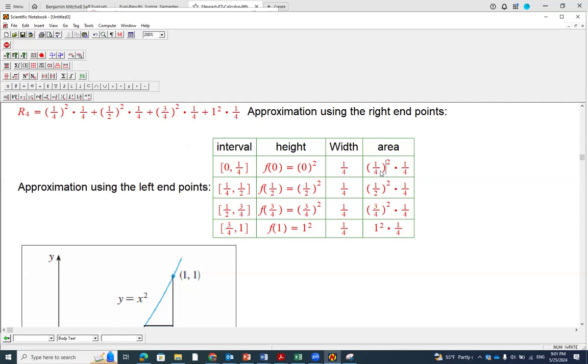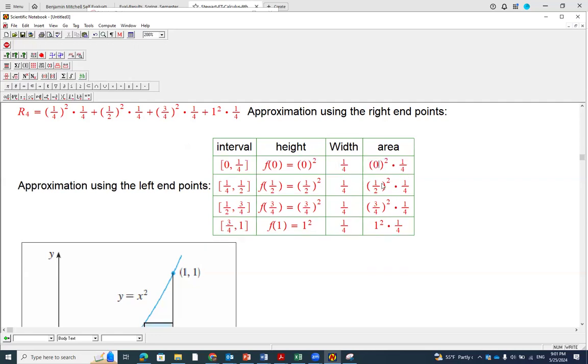So the area is going to be 0 squared multiplied by a quarter. For the second one, we use the left endpoint, which is the quarter, so this is going to be quarter squared, and that area is going to be a quarter times that. Then using the left endpoint, in this case it's 1/2, so this is going to be 1/2.